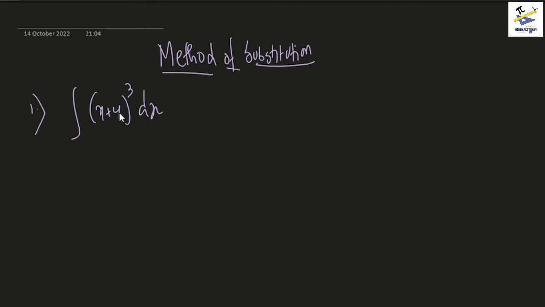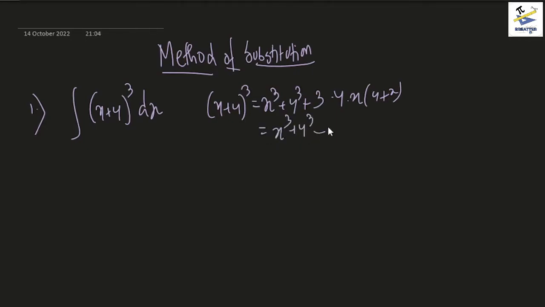The first way would be to expand this (x plus 4) whole cube. Use the formula for (a plus b) whole cube: x cubed plus 4 cubed plus 3 into 4 into x into (4 plus x), which is x cube plus 4 cube plus 12x into (4 plus x), right?